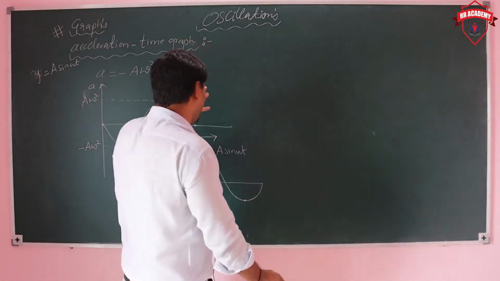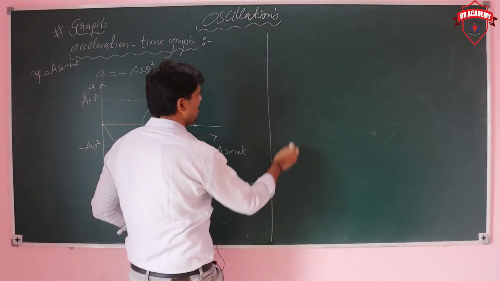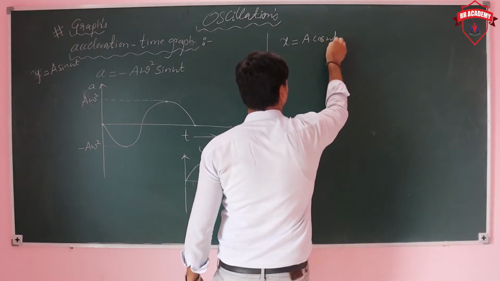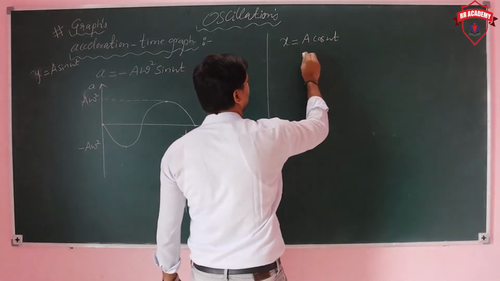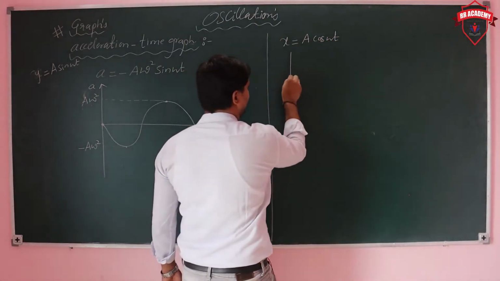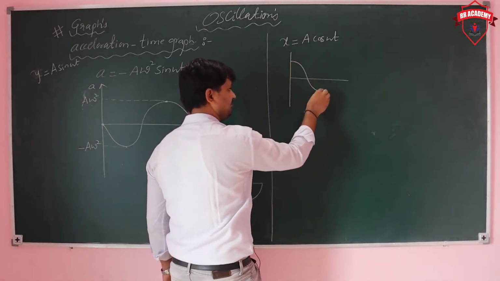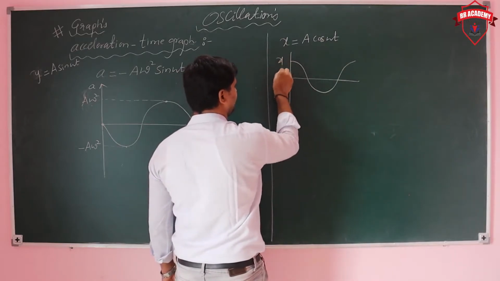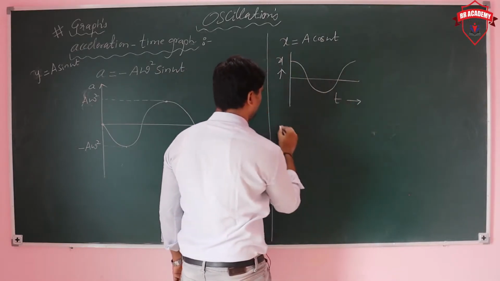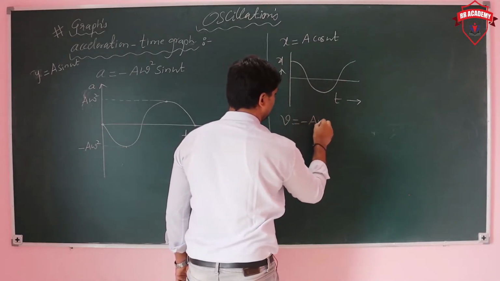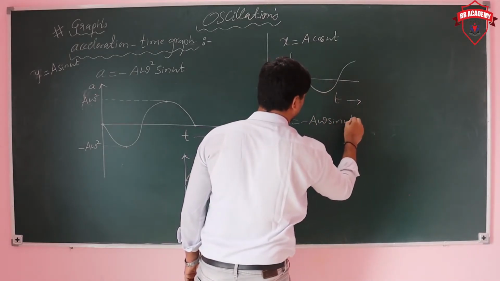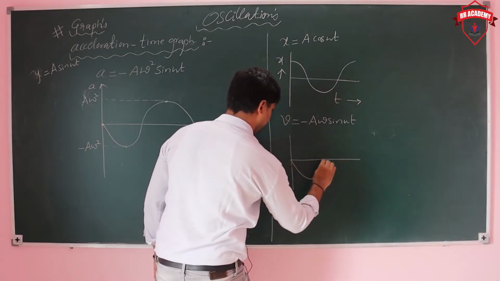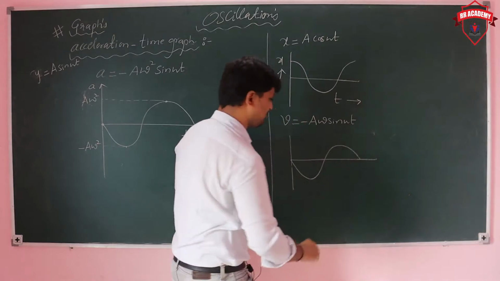So once you see the positive graph, it also means an a cos omega t graph. Displacement is a cos omega t, then velocity is minus a omega sin omega t, and that graph represents like this.